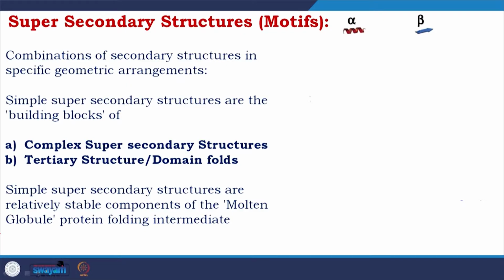So, if you see, we have alpha helices and beta sheets. We talked about them already in detail. Beta sheets have parallel and anti-parallel forms. From alpha it comes alpha alpha, from beta it comes beta beta, and from alpha beta it comes beta alpha beta.